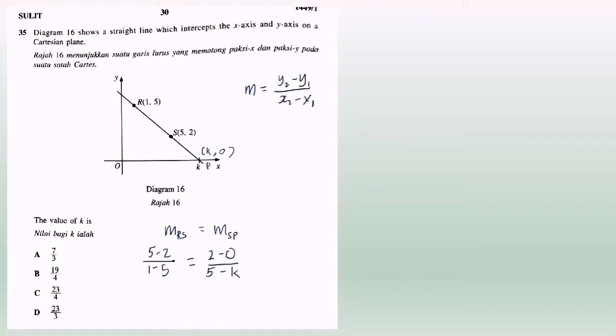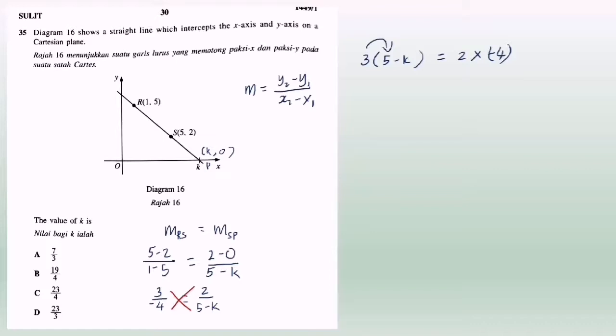Okay, so here 5 minus 2 is 3 and 1 minus 5 is negative 4, equals 2 over 5 minus k. So we do the cross multiplication: 3 times 5 minus k equals 2 times negative 4.